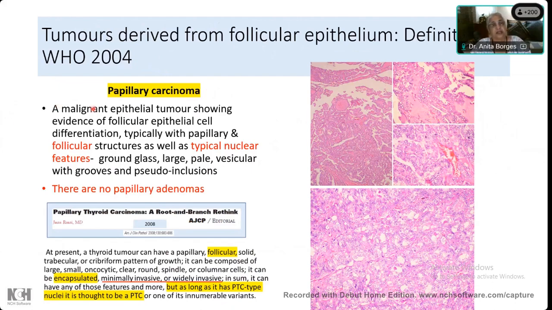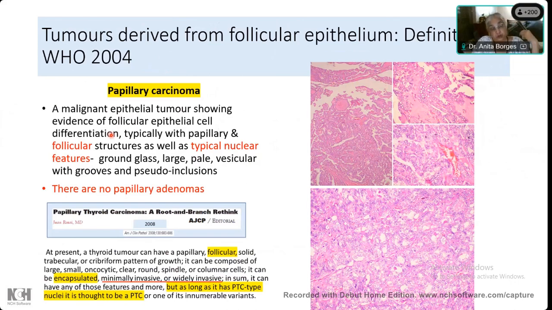It is a malignant epithelial tumor showing evidence of follicular epithelial cell differentiation. And what does that mean? That if you do immunohistochemistry, it will show you a derivation from follicular epithelium. It will be PAX8 positive.